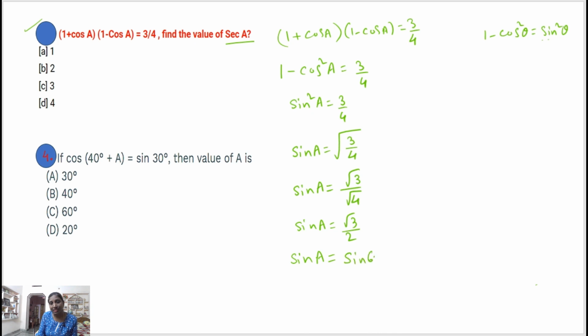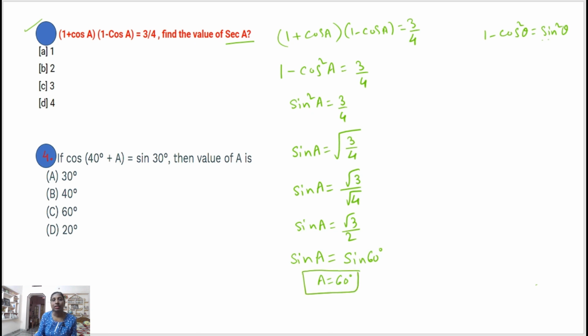On the left hand side sin ratio is there, so you have to write sin ratio on the right hand side also. So root 3 by 2 can be written as cos 30 and sin 60, but you have to write sin 60 because on the left side sin ratio is there. Now you compare both the sides. Comparing, you will get a is equal to 60 degree.